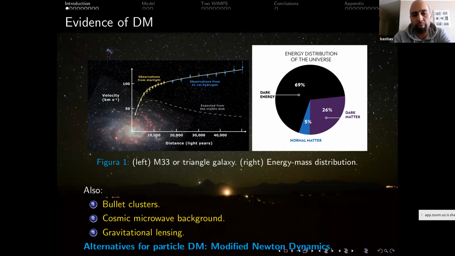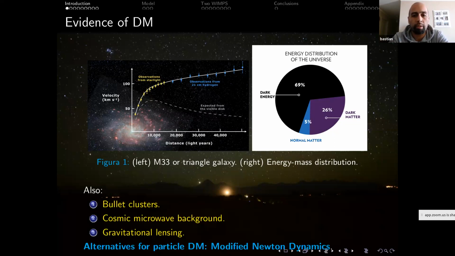From the particle physics point of view, it can be a new particle. And on the right side of the picture, you can see the typical cake showing that normal matter composes near 5% of the total energy distribution in the universe, and 26% would be this dark matter.